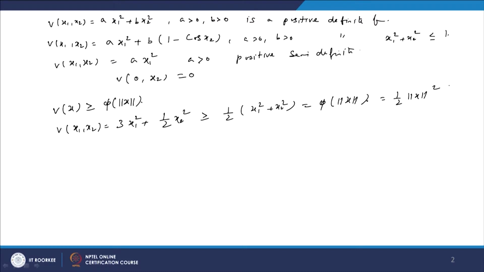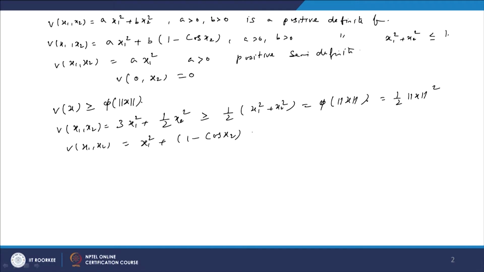Similarly, for the function v x1 x2 equal to x1 square plus 1 minus cos x2, as we have seen, it is a positive definite function in some neighborhood.